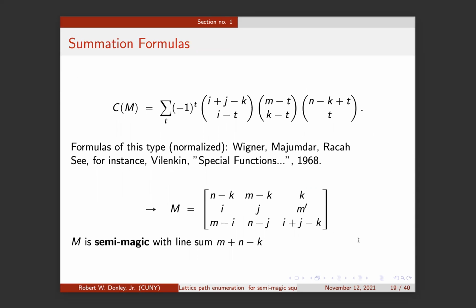Now, coming back to the formula, a few more notes. So we have our formula again. When I first got into this, the go-to place for Clebsch-Gordan coefficients for representation theory, for mathematicians, not physicists, is Vilenkin's Special Functions book from 1968. You crack that open and the formula for coefficients is really untidy. It's a huge mess. It's this triple sum, an alternating sum. They're factorials, uncollected.